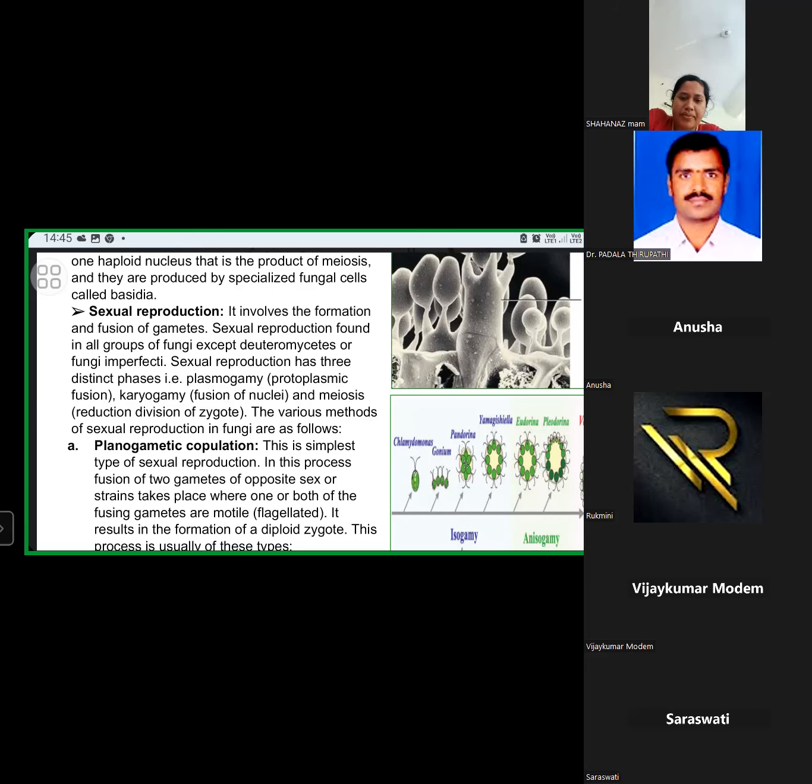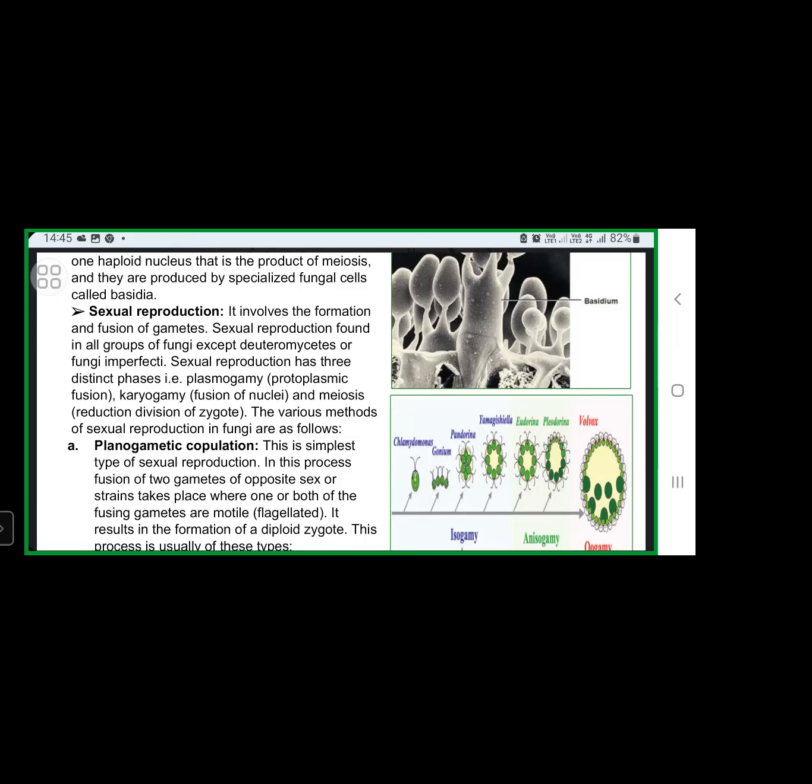Now we can discuss different types of sexual reproduction methods in fungi. One is planogametic copulation. Here it is divided into two types: isogamy and heterogamy.